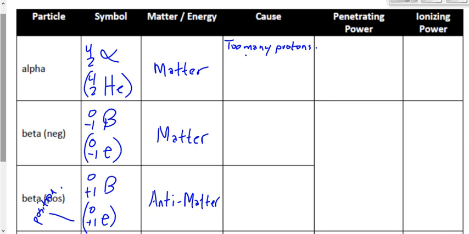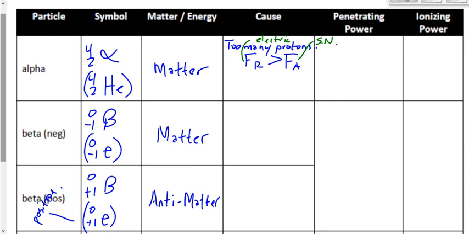If you have too many protons, the repulsive force, which is the electric force, ends up being bigger than the attractive force, which is our strong nuclear force. If the repulsive force wins, then the nucleus breaks apart, and an alpha particle, this small helium nucleus, ends up breaking off.